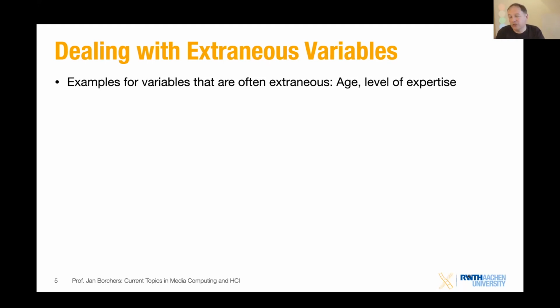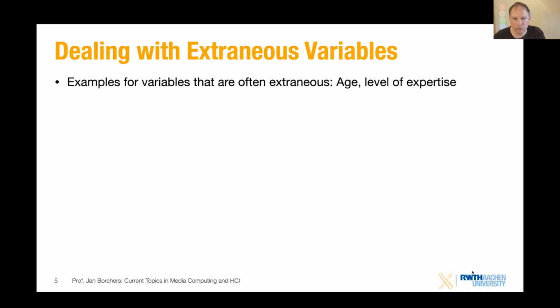You may run a study where you test this with people in different age brackets, but if you just pick a bunch of users and don't care about their age, you may record the age just for the sake of completeness, to have it documented. That's a good idea, but you may not assume that it is a factor in how your dependent variables change.